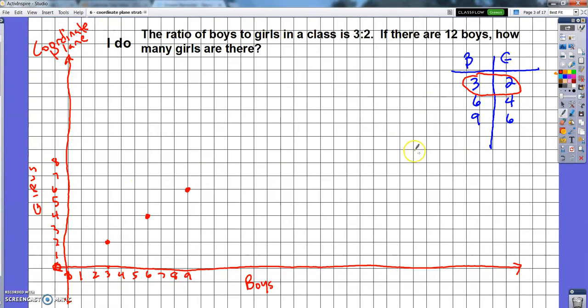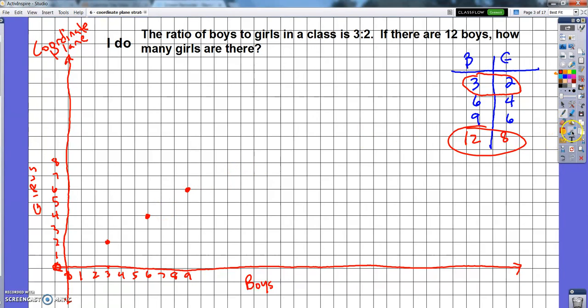Now with this strategy and this problem that's so easy, I could solve this really just with the table. I already know if I go one more group, I'm going to have 12 boys and 8 girls. I can just do that one easily with my table. But I want to show you the strategy. So the strategy is I'm going to put a few points on there.